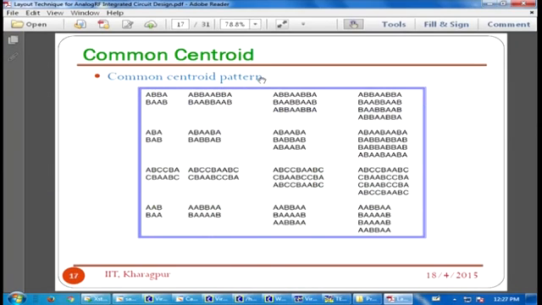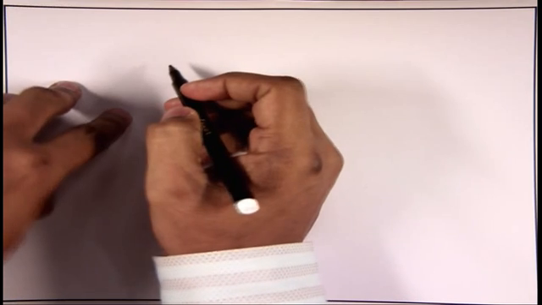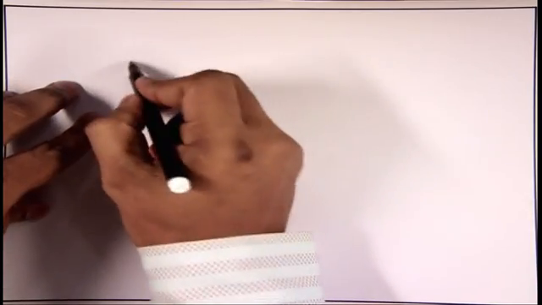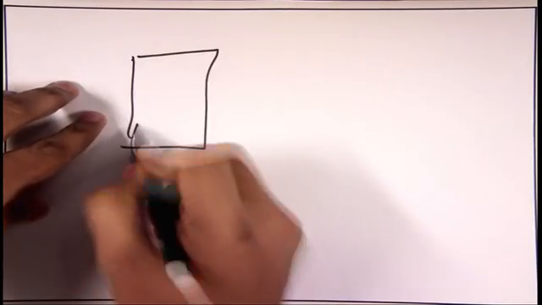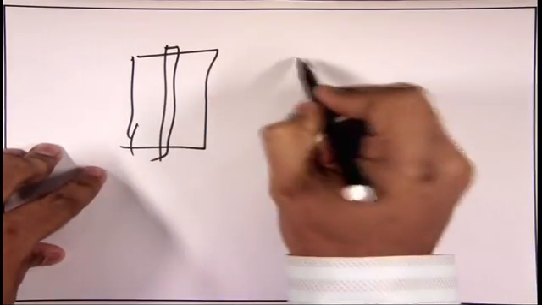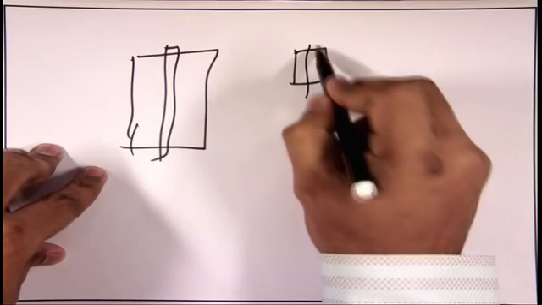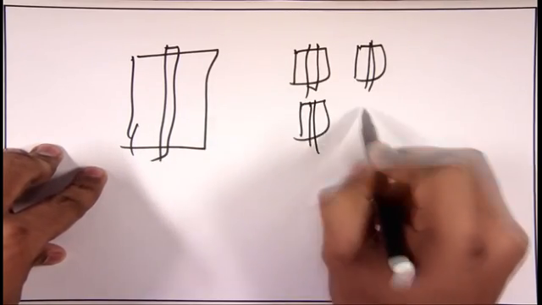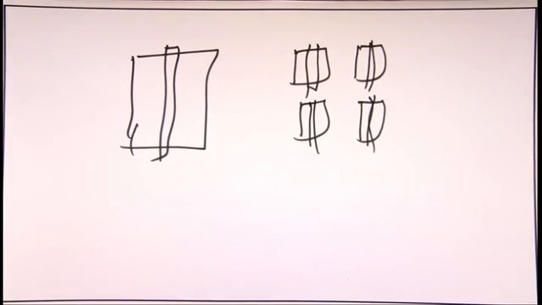These are some formats of common centroid. Suppose one transistor has a long width, so you can make it 2 transistors. Suppose 1 transistor, you can make it 4 transistors also: two rows and 2 columns.